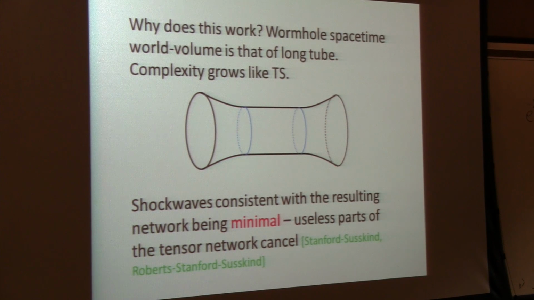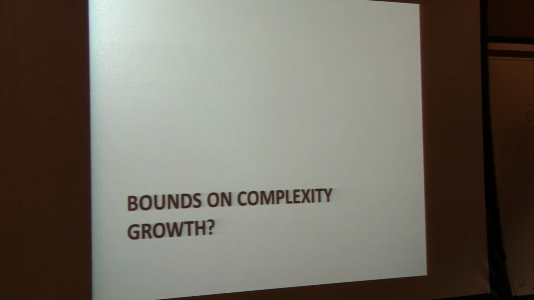That is, the geometry is shorter than you would have thought it would be otherwise, because there are parts of the network that cancel out. So it's not just any tensor network, it's really the minimal tensor network, and so it really seems like a good candidate to identify with the complexity. So I'll now turn to bounds and tell you some of our results.